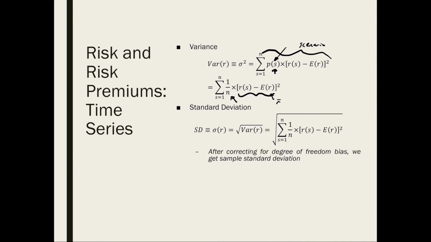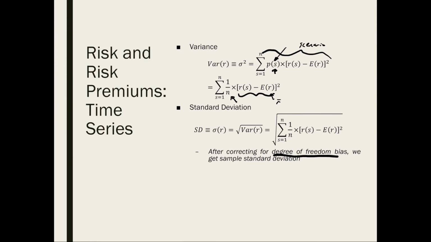Now, when you are calculating variance and standard deviation by providing each individual observation the same equal weight, there is a thing called a degree of freedom bias. So when you calculate variance using the arithmetic average, instead of actually using the expected return, which is actually unobservable, you are having some type of bias in your calculations.